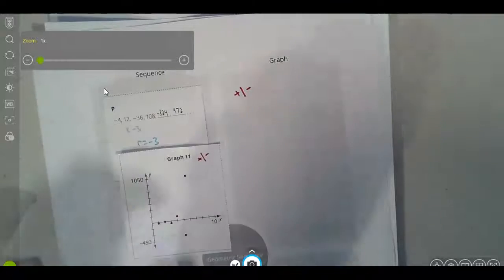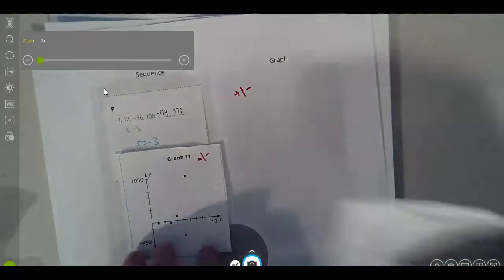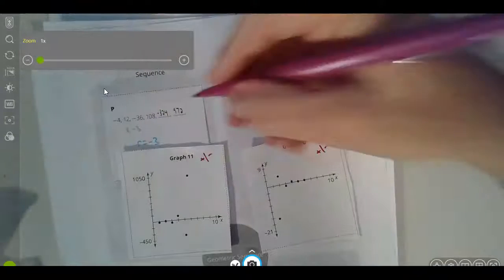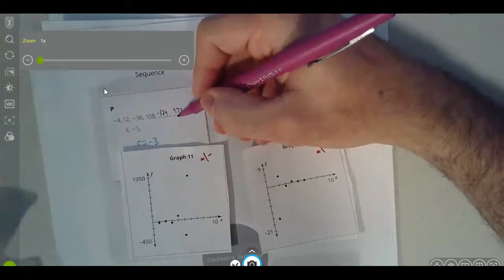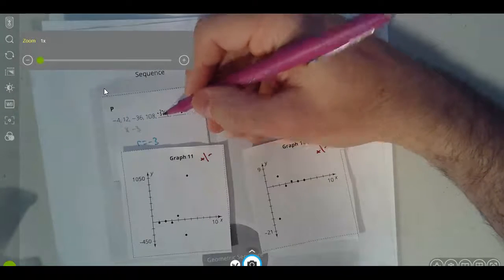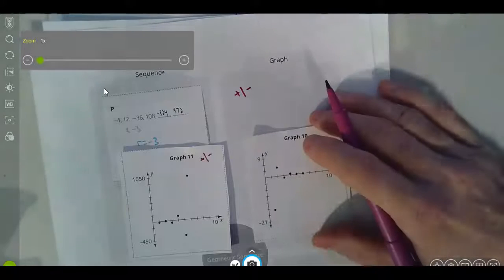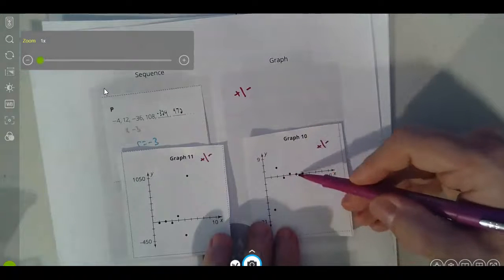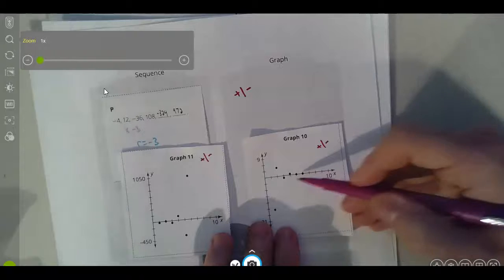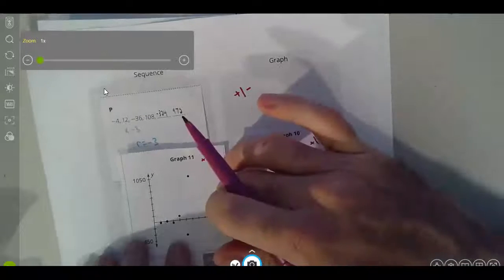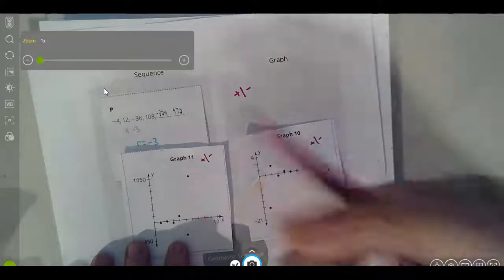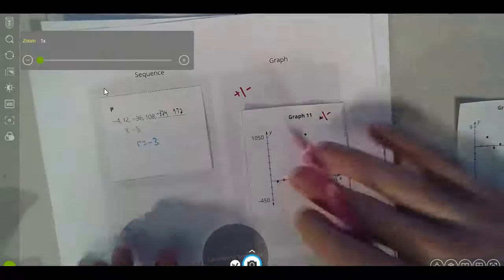You got this one and this one. And if I look at this, are these numbers getting larger? I got 972, that's getting bigger. It's bigger than 324. So if I look at graph 10, it is alternating positive or negative, but it's getting close to 0. If I look at this one, it's alternating positive and negative, but it gets larger. So we would say that this one goes here.